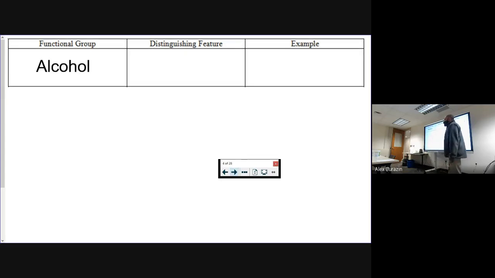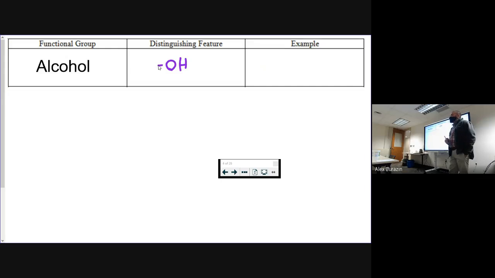Next group is an alcohol group. What you need is an OH group. Somewhere, anywhere. Now, OH in regular chemistry is hydroxide. Okay?